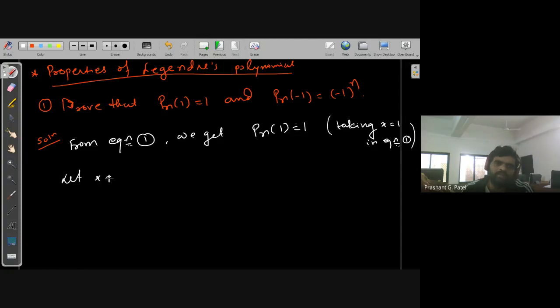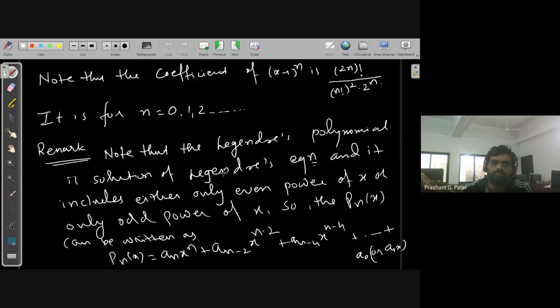Now let x equal to minus 1 in the equation which we have obtained; I will call this equation 2.